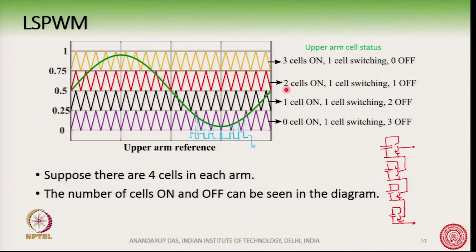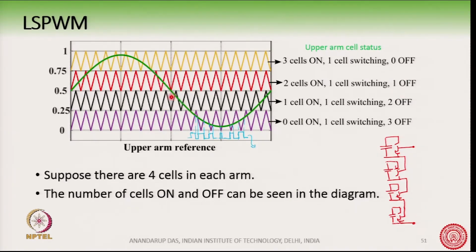So, that is why we have written here two cells are fully on, which means they are supporting the two voltages. One cell is doing the switching action here and here, and one cell is completely off, because out of 4 cells one cell is not needed at this point.